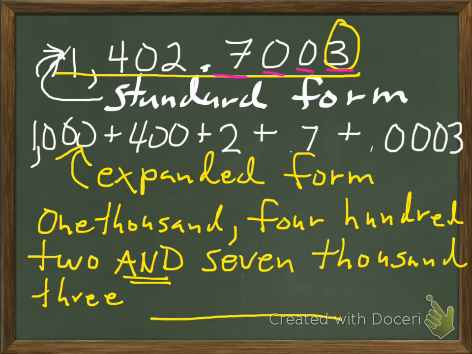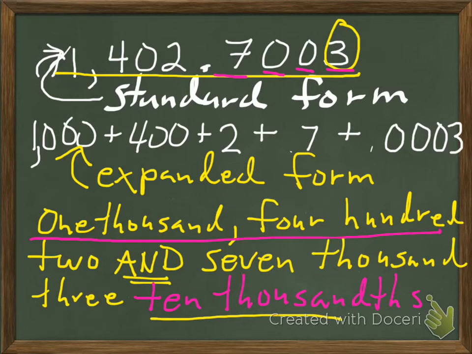This is the ten-thousandths decimal place. So that's what we're going to finish this with, ten-thousandths. So the number above, written out in words, is 1,402 and 7,003 ten-thousandths.